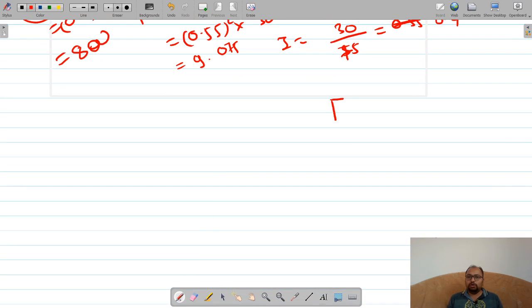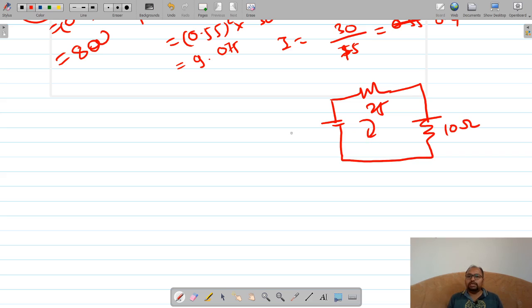Now this is the 30 volt source. This Rs is 25. Now this is a 10 ohm resistor. The current flowing through this circuit will be 30 divided by 35. Okay, so let us compute this. 30 divided by 35 is coming as 0.85. Sorry, 10 ohm.